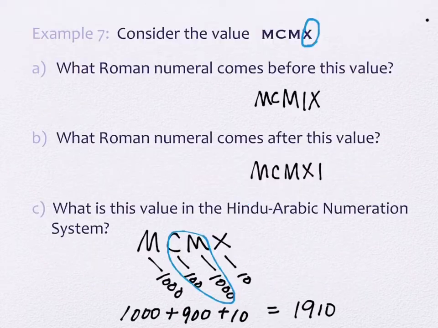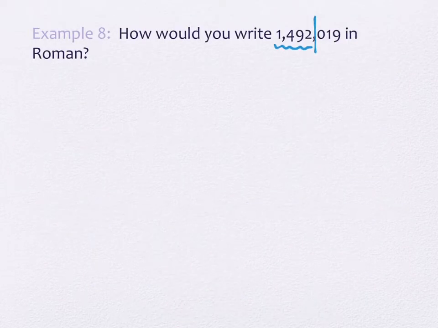So how would I write the 1,000 with those symbols? M, yep. How would I write 400? C, D. We didn't see that one before, right? The 100 before the 500 would give me 400. Good job, Holly Ann.